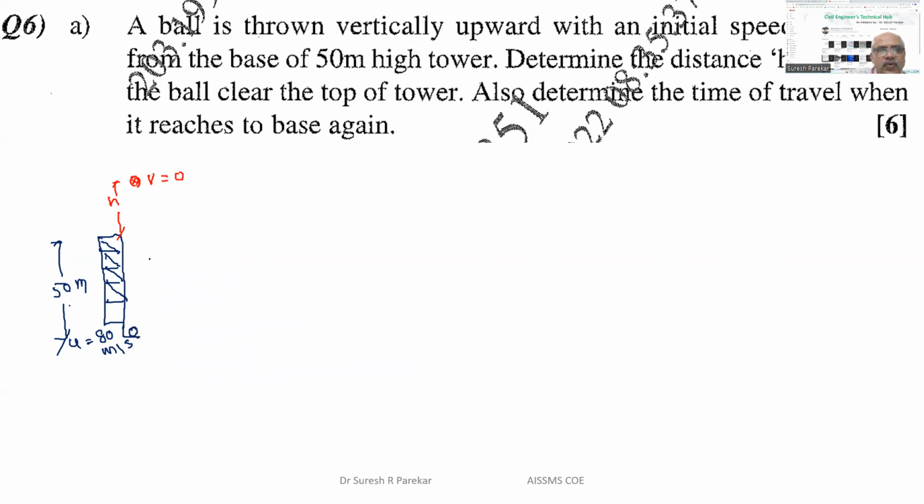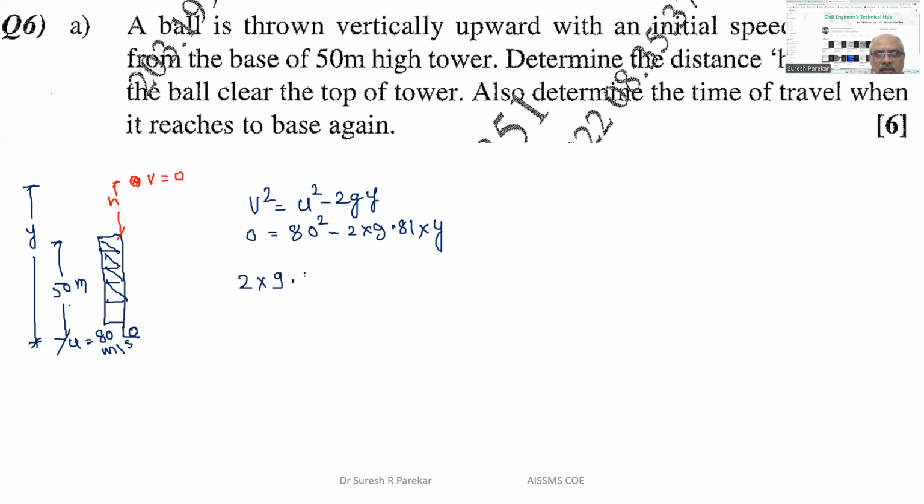Now we know the formula. So again we use v square equal to u square minus 2gy. So this total is y. And then we have 0 equals 80 square minus 2 into 9.81 into y. From this we get 2 into 9.81y is equal to 80 square.